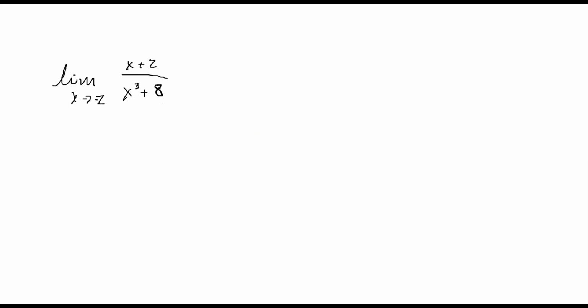I was trying to work out a denominator like x plus 2 in parentheses to the third, but that doesn't work because it alternates sign. How was the problem originally?